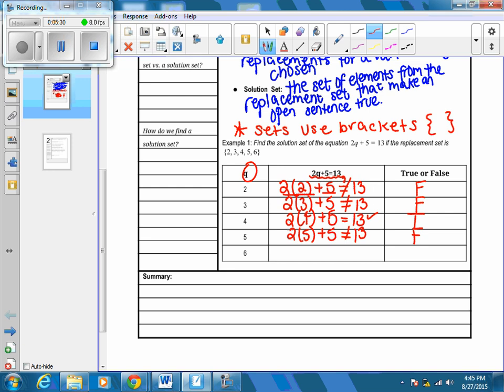And then last but not least, 2 times 6 is 12 plus 5 equals 17, and that is not equal to 13, so that is false. So the only thing that made our statement true was the value 4. So my solution set is 4, and I'm going to put 4 in brackets. Okay? Let's skip down to the next page.